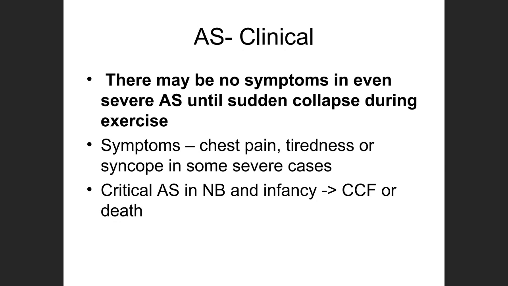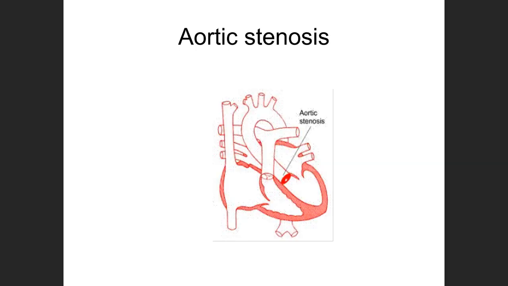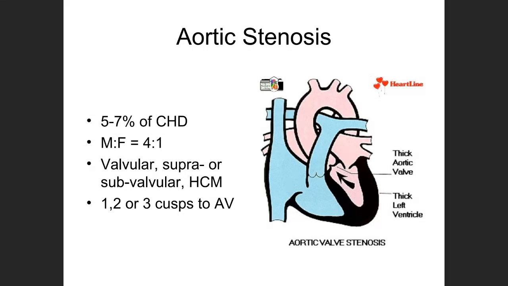Let's go back to this diagram. If there is supravalvular stenosis, the narrowing occurs beyond the origin of the coronary arteries, which is just above the level of the valve leaflets.